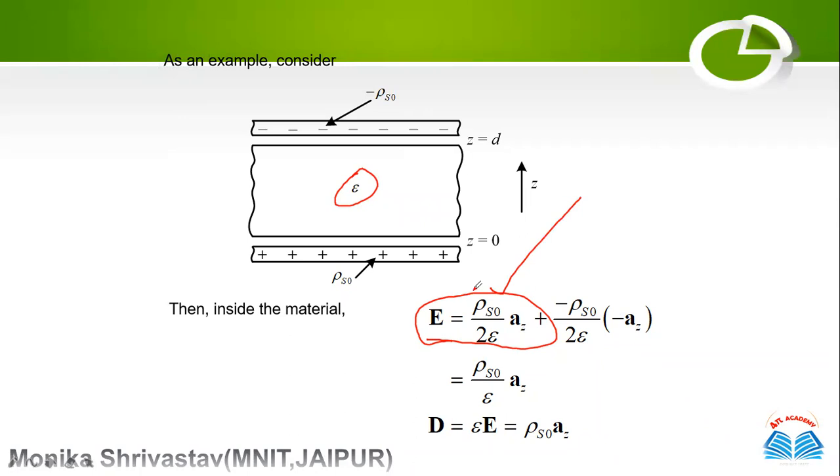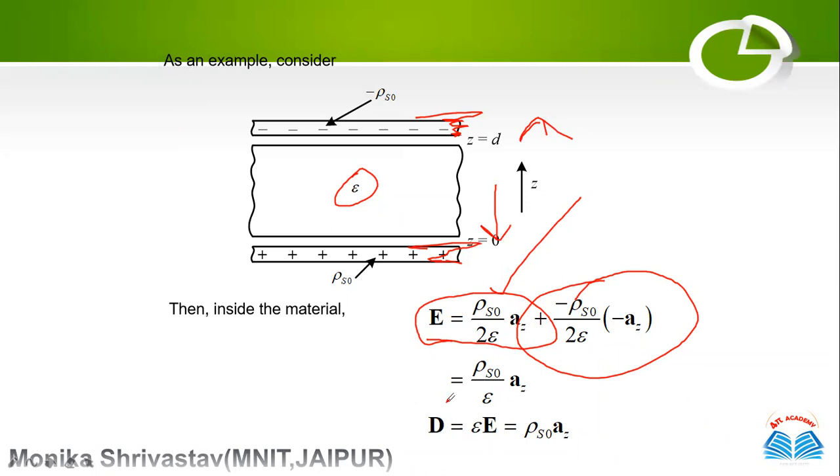For the positive side of the plane, there is an electric field rho s over 2 epsilon az, and for the negative side of the plane there will be another, with a minus sign, because the directions are opposite.